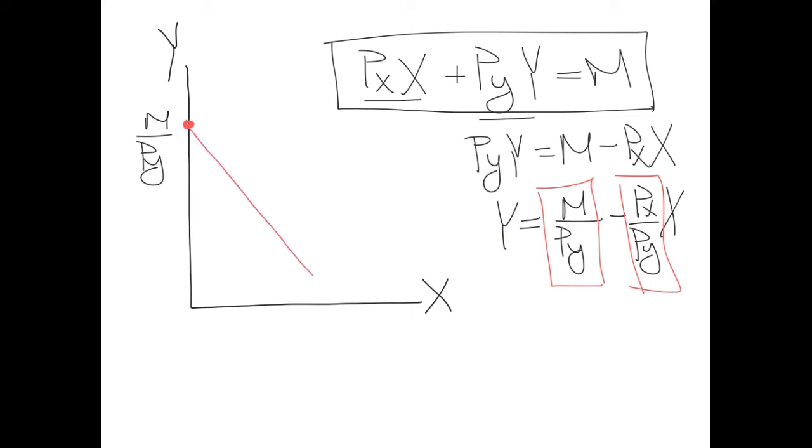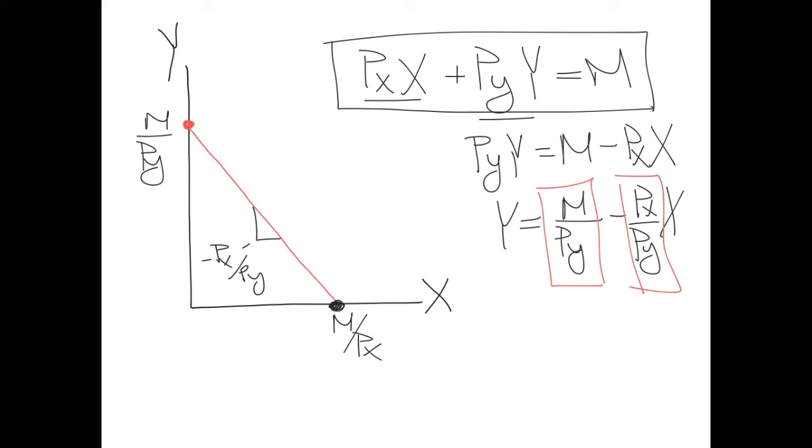There are no exponents here. So when we draw this line, the slope is going to be equal to Px over Py, negative obviously. Furthermore, we also know that the x-intercept is going to be equal to M over Px.